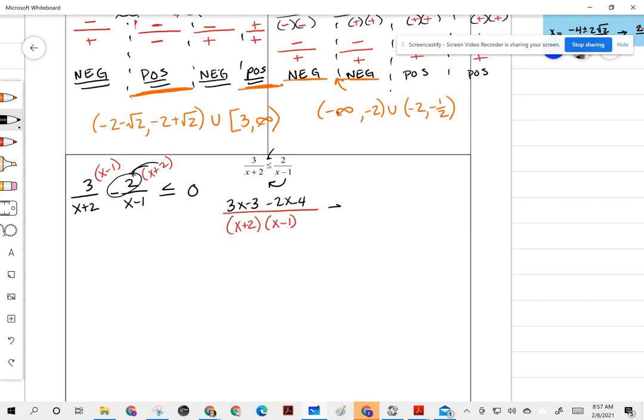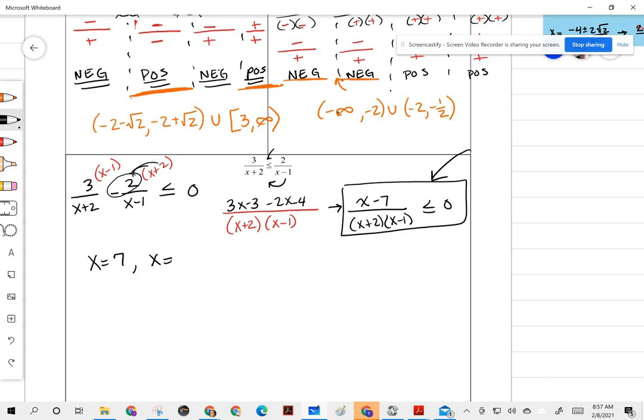And so that ends up giving me x minus 7 over x plus 2, x minus 1, and it's less than or equal to 0. So a little bit of work to get here, but once we're here, it's easy to find those zeros. So we can say that x is equal to 7, x cannot equal -2, and x cannot equal +1.